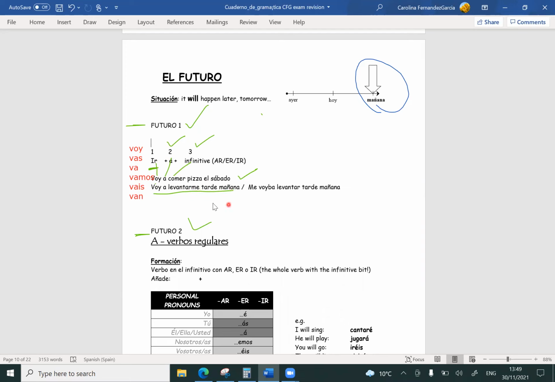What happens with the reflexives? I'm going to get up late tomorrow. If a verb is reflexive in the future, like levantarse, remember the reflexive verbs end in se. So what do I do with them? I have two options. Either I link it to the infinitive here, or I put it at the beginning: me voy a levantar.